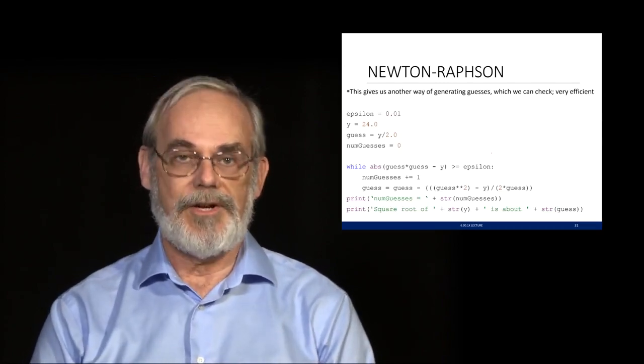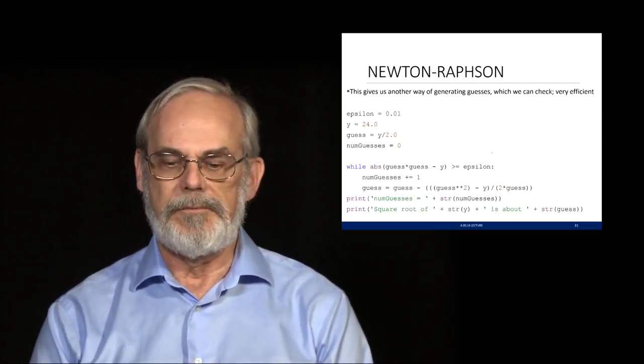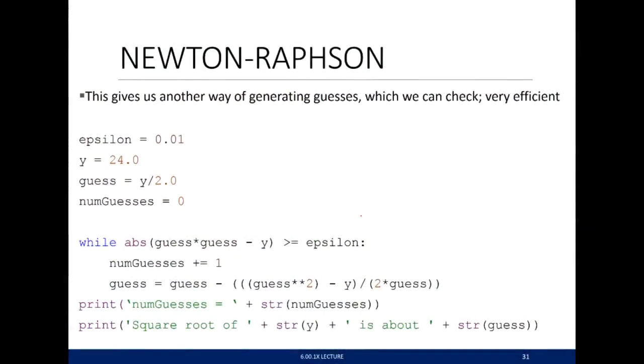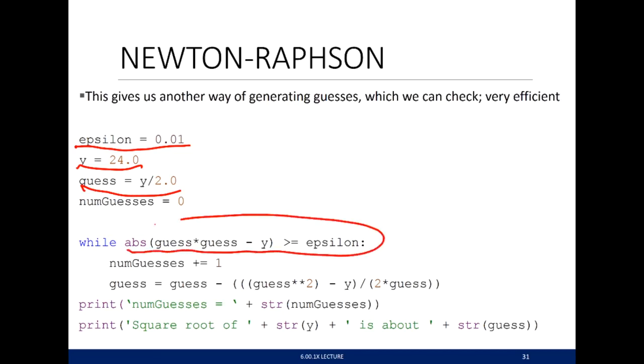It's a nice, tight, little iterative loop. So here's a nice way of generating the guesses. Again, I'm going to have some epsilon that's going to let me decide how close I am to an answer. I've got the thing I'm going to look for, and my initial guess I'm just going to pick as that value divided by 2. And then here's the loop. As long as the absolute value of guess squared minus y is too big, I'm going to keep going.